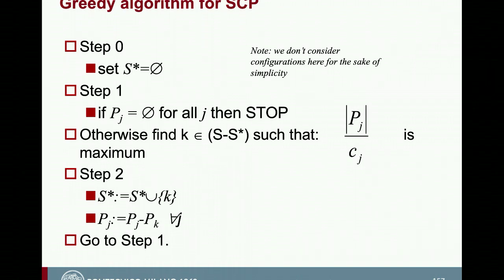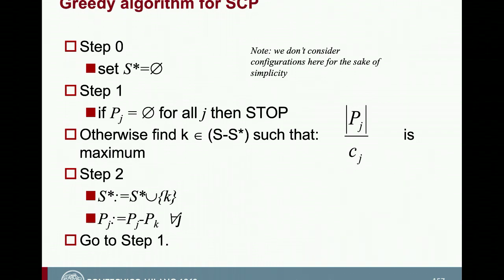The important part for the update, before we iterate on the algorithm, is that we delete from the problem all the test points that are already covered by the base station in k that we just installed.